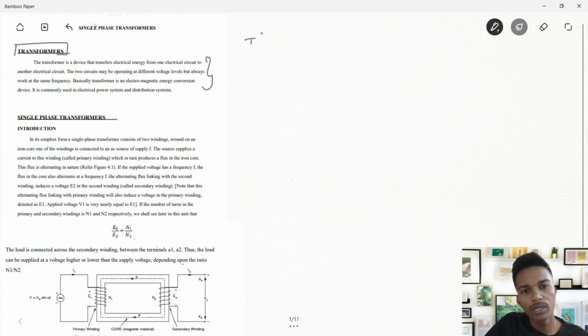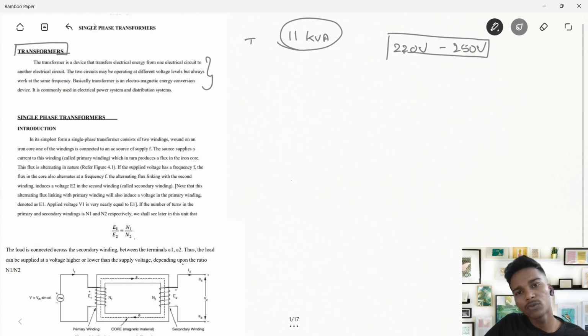In the line, we will get 11 kV, 33 kV. We get the voltage in kilovolts. But the household voltages are around 220 volts to 250 volts. We have to limit the voltage flowing into households to this range itself. So for this purpose, we have to step down 11,000 volts to 220 volts.